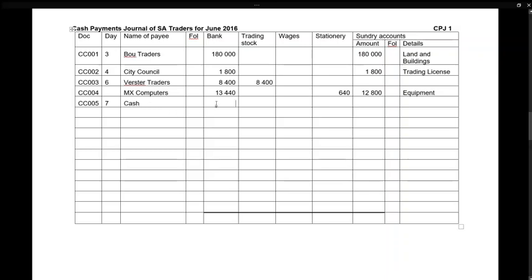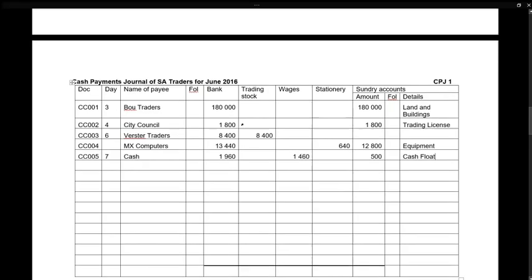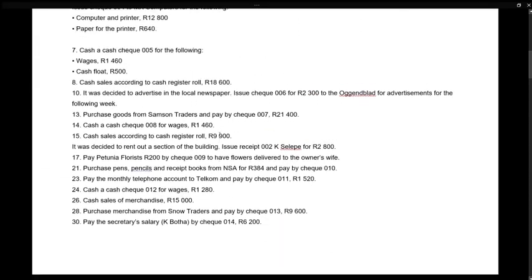And the total amount together 1,960 Rand, of which 1,460 went for wages and 500 Rand went into our cash float. Remember, cash float is the account where we get change for our customers if they were to pay cash.